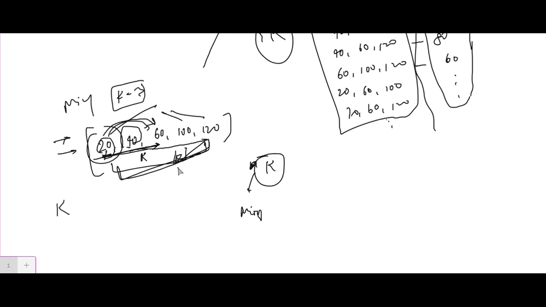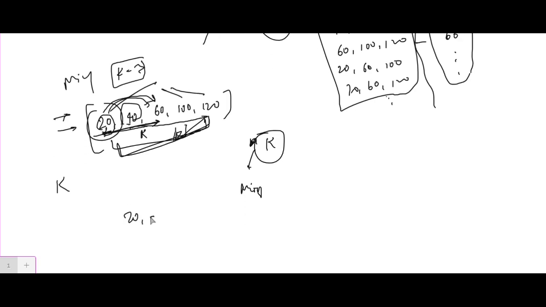Let me write it again: 20, 40, 60, 100, and 120. For 20, the minimum can be achieved by its closest k elements, and likewise for 40.